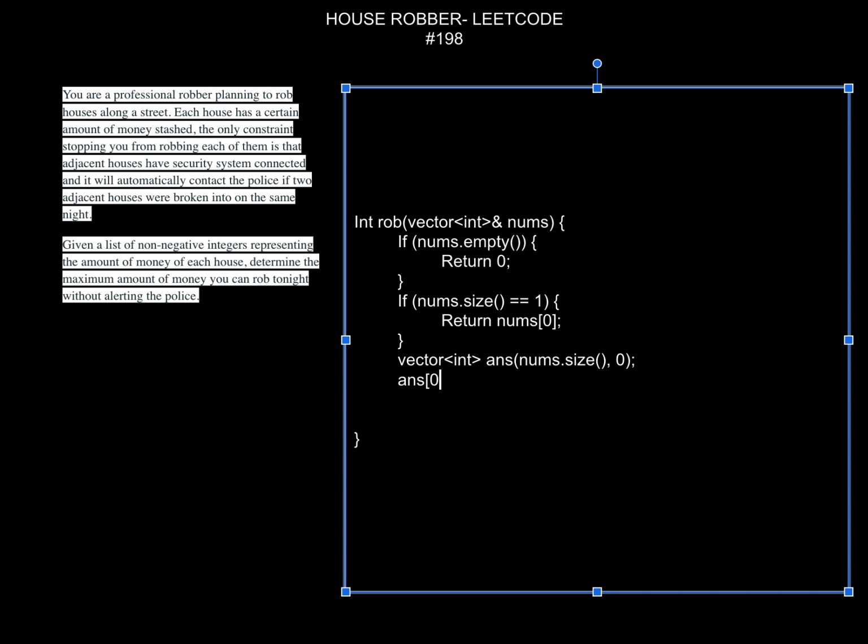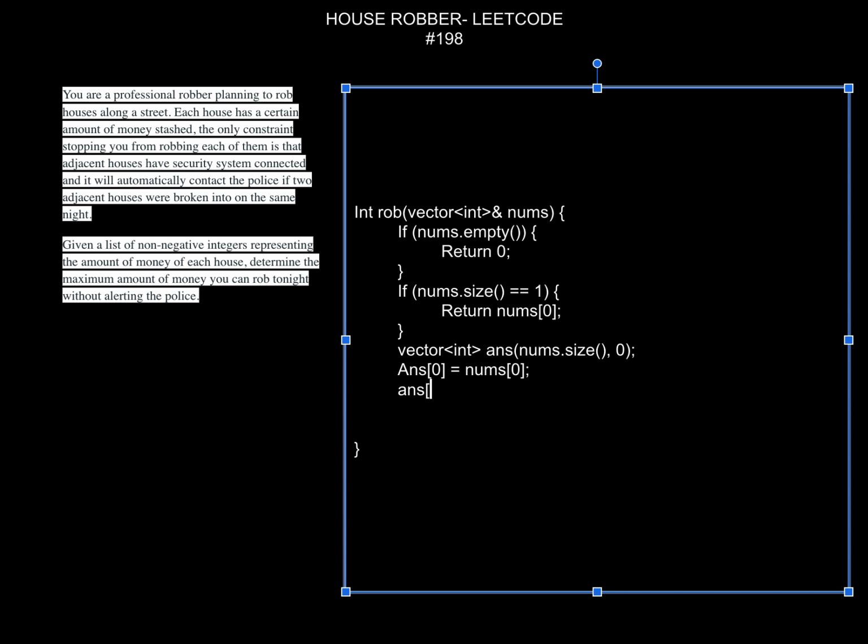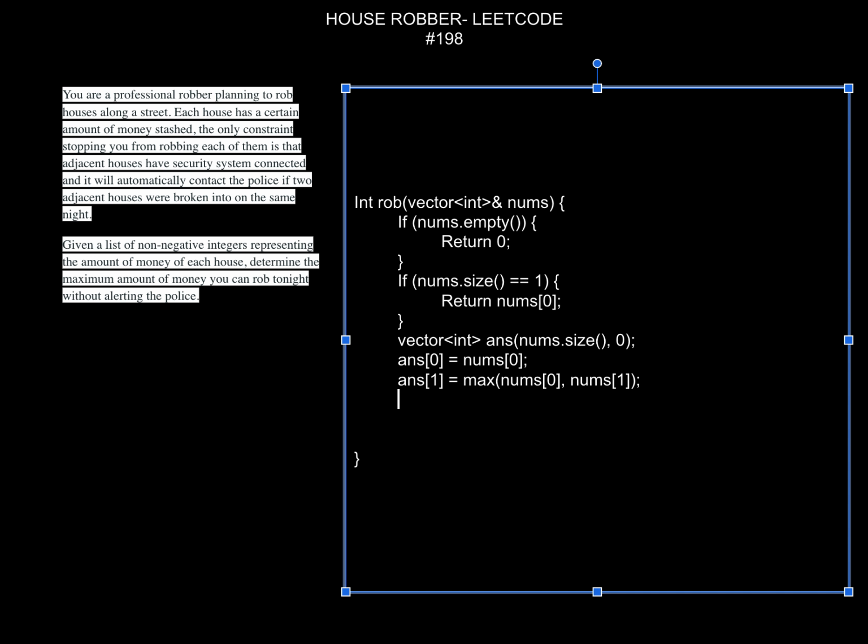So we could go ans 0 is equal to nums 0, and ans 1 is equal to the max of, so the greater value between nums 0 and nums 1. And so these are our base cases in our dynamic programming approach.